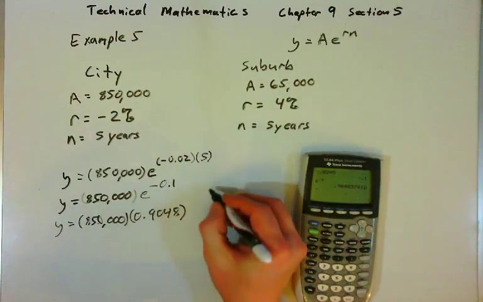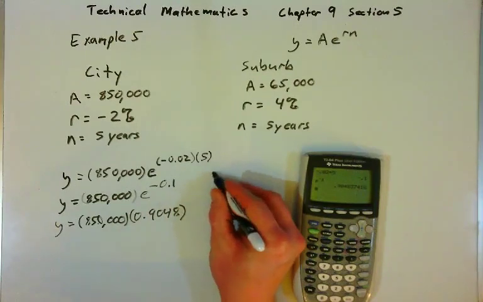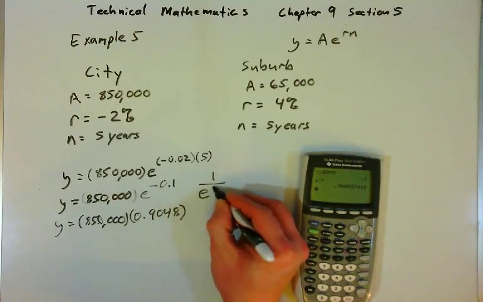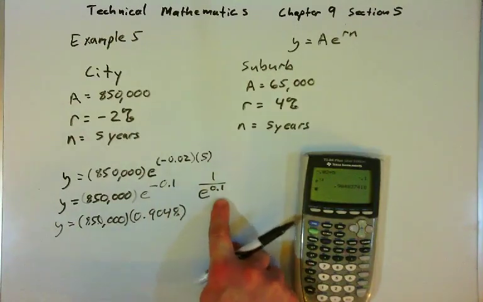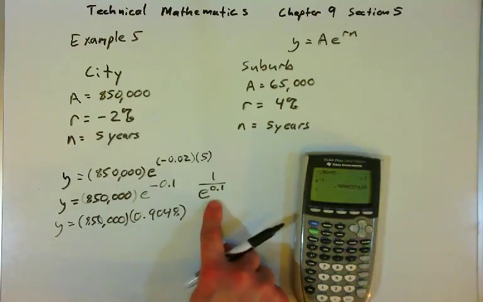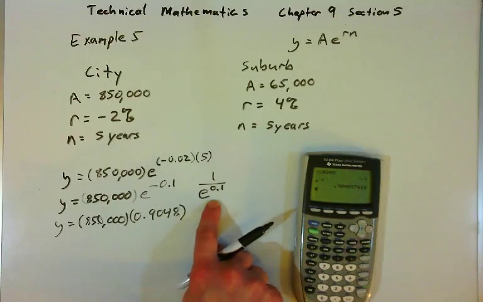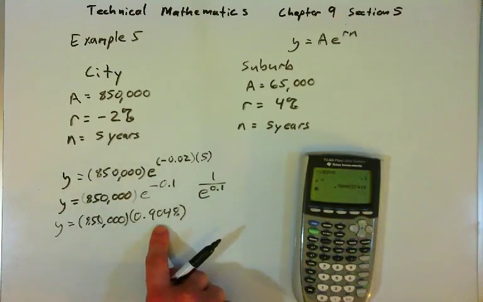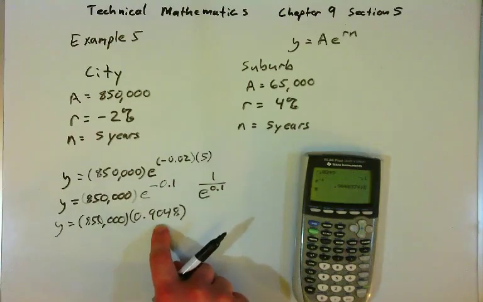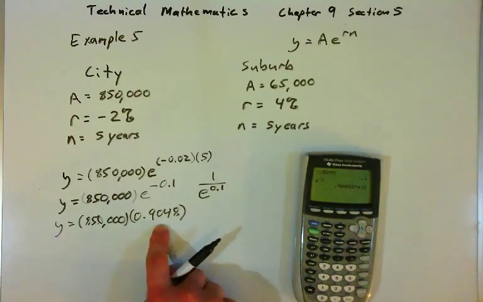And so remember that when the exponent is negative, that is the same thing as 1 divided by e to the positive 0.1 power. And so that means that we're getting a number less than 1. Because it's a fraction, the denominator is going to be larger than 1. And so this will work out to a number that's less than 1.